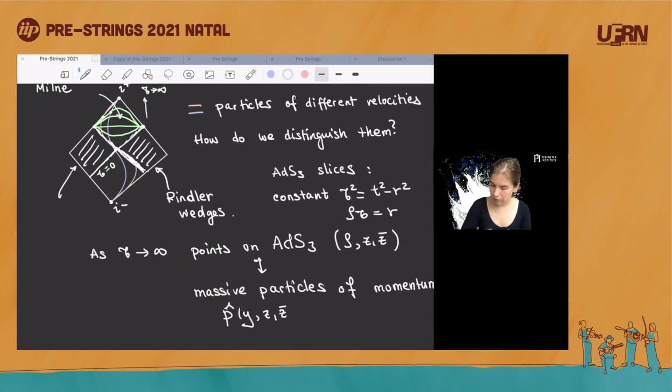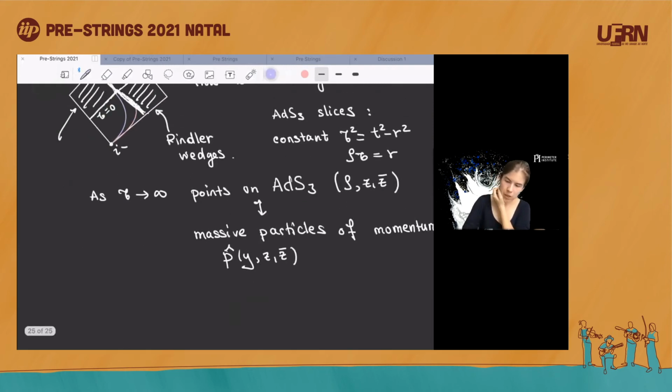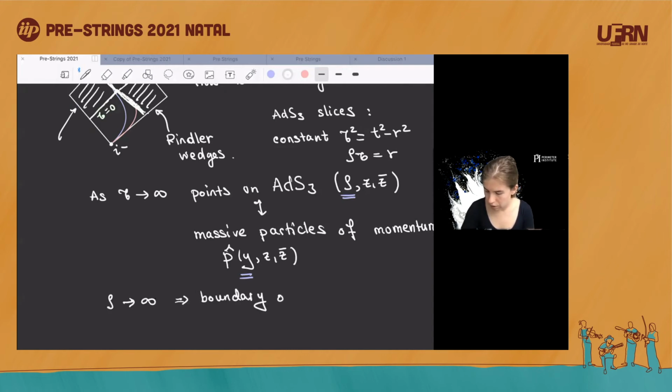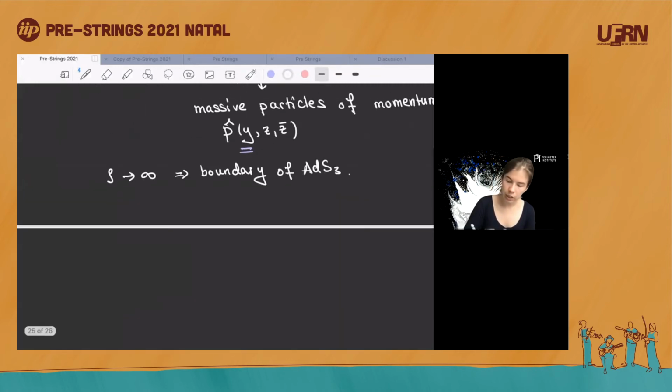So you might ask, okay, but you just told me that p hat was a function of y, z, and z bar, but the relationship between rho and y is the same as between AdS in global coordinates and the Poincaré patch. So in particular, rho goes to infinity is the boundary of AdS3, but one can introduce different coordinates where y goes to 0 is the boundary of AdS3.